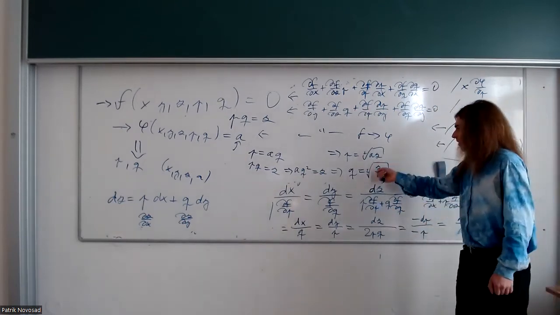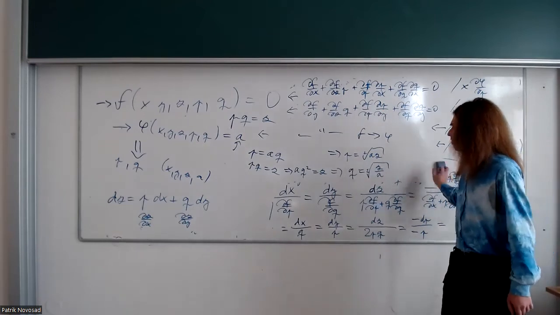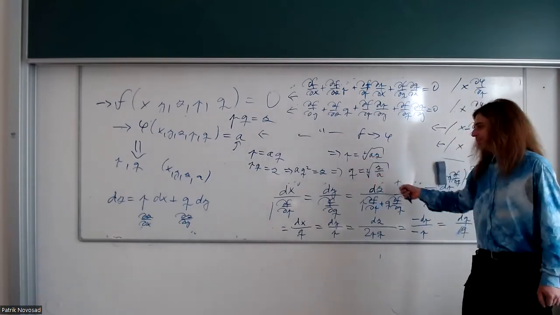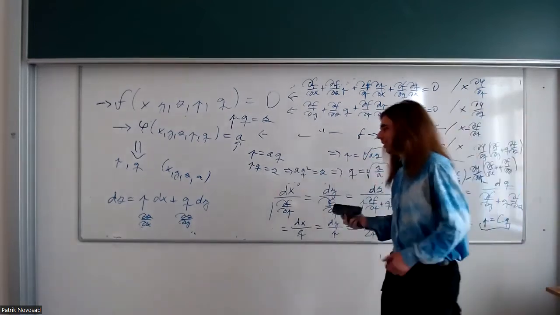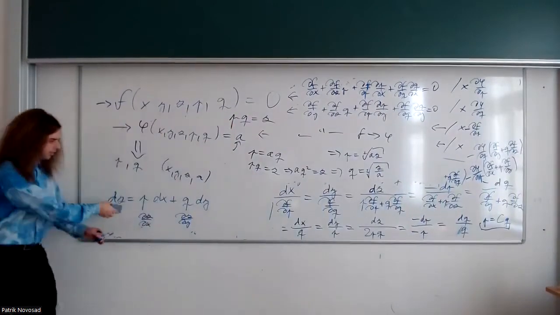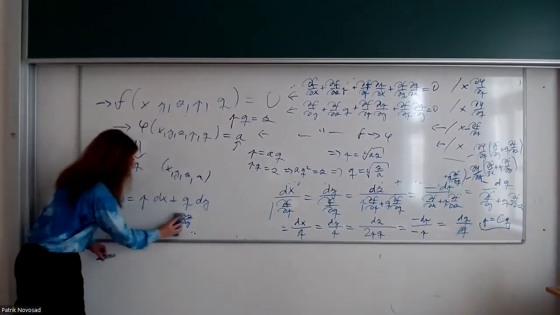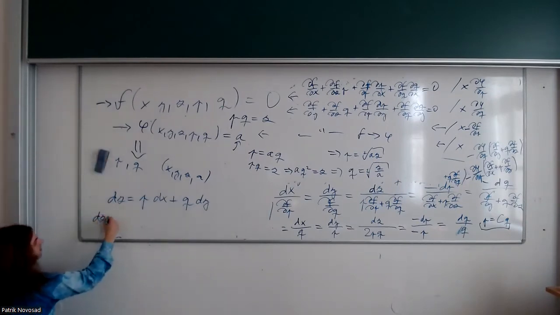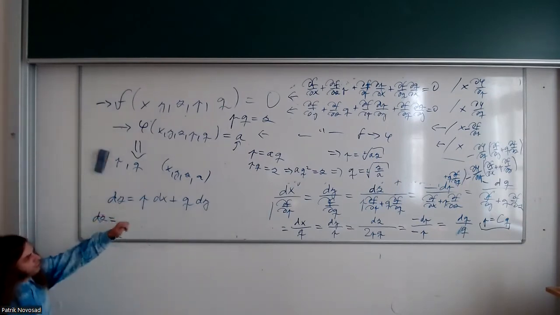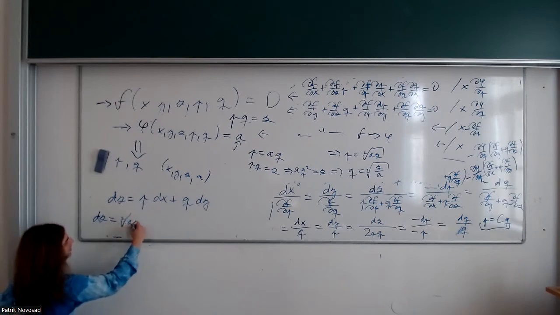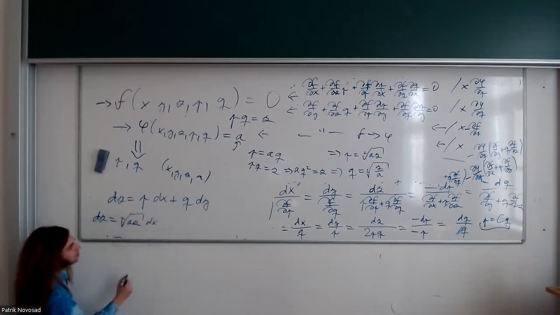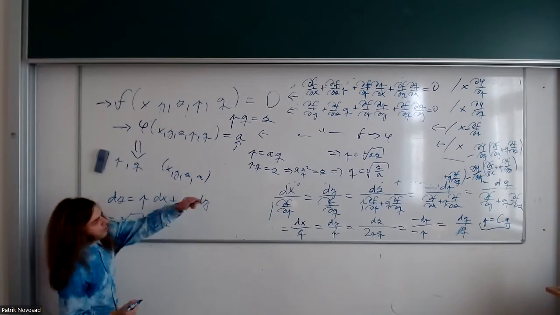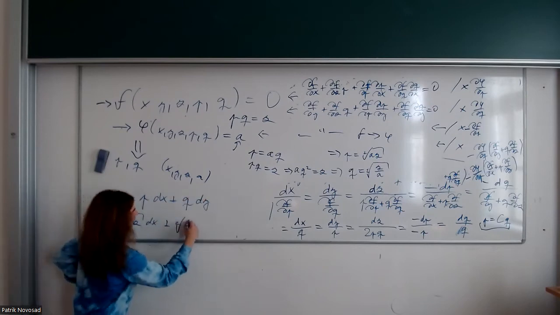So now we have obtained the p and q, and they depend on one parameter, and what's left is just plugging into this simple differential condition. So we get dz equals p, which is square root of az, dx, plus q, which is square root of z over a, dy.